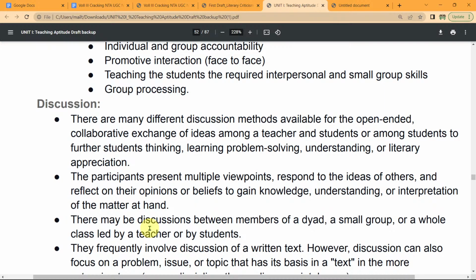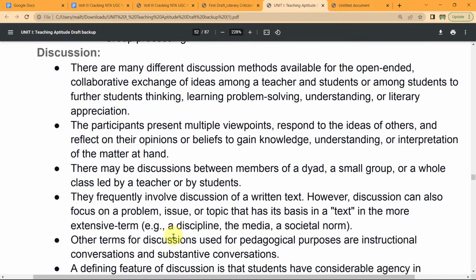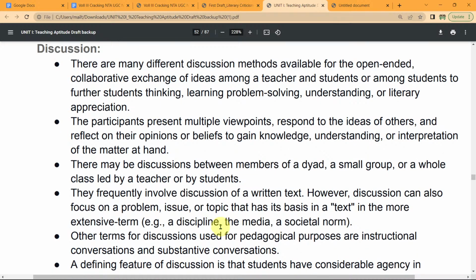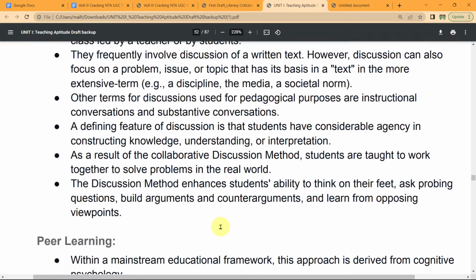So that discussion can occur between members of a pair or a small group or a whole class led by teacher or by a student. When you were a child, sometimes what the teacher does, there was one monitor in the class, right? They ask the leader of the class, okay, you guys all discuss this particular topic together, and I'll be back shortly. So got it? Something like that. So discussion method is that, I hope you got it.